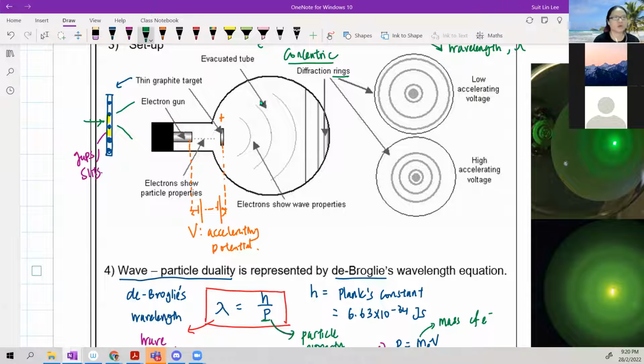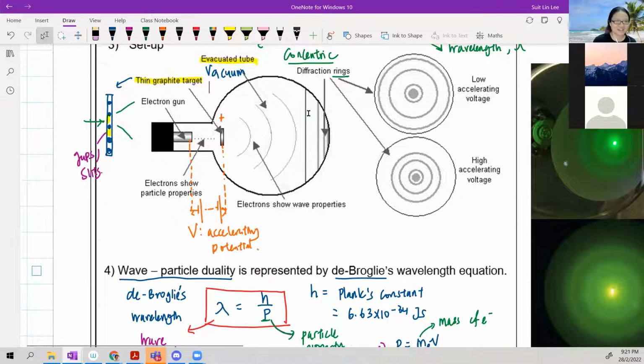So again, we have an electron gun, and we accelerate electrons towards a thin graphite target inside an evacuated tube. Teacher, what's an evacuated tube? That one is just a fancy word for vacuum. Evacuate means to remove, right? Evacuate the building is a fire drill: remove people from the building. So to evacuate a tube is to remove air from the tube, vacuum.